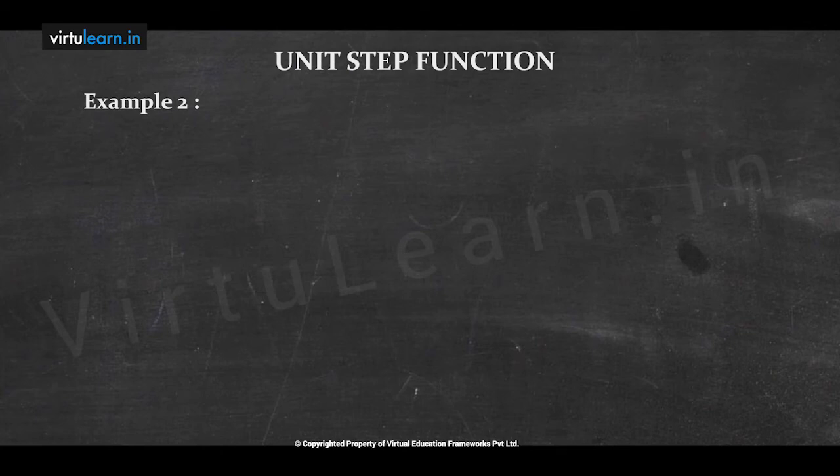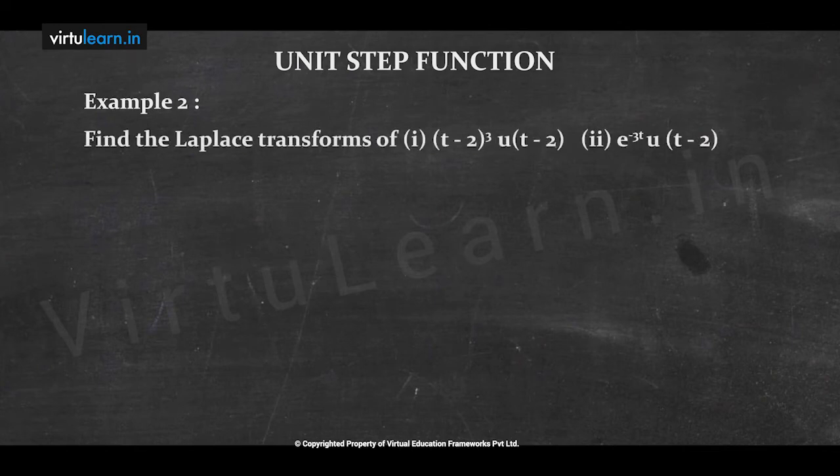Now let me take another problem. Find the Laplace transform of, first question, t minus 2 whole cube into u of t minus 2. Second question is e power minus 3t into u of t minus 2. Here actually this is a product of two functions.